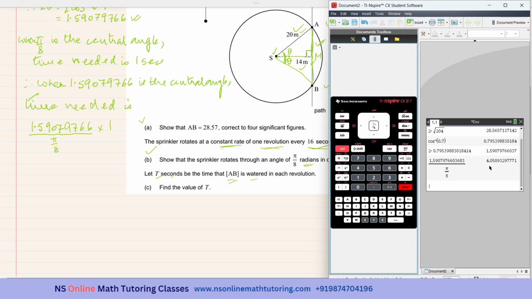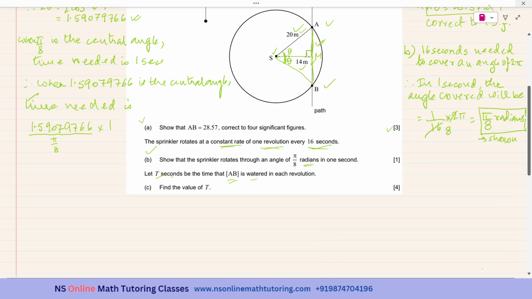I can write this as 4.05 seconds, correct to 3 significant figures. So this is equal to t seconds. Therefore, t is equal to 4.05 seconds, correct to 3 significant figures.